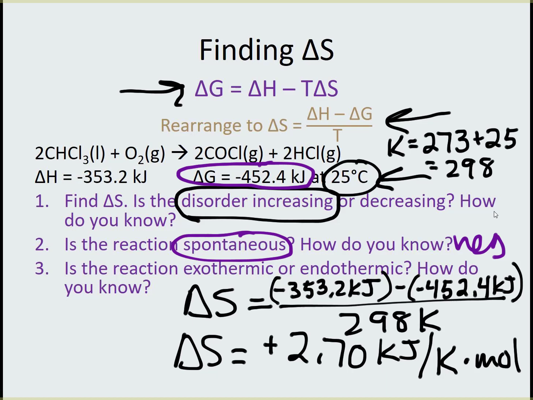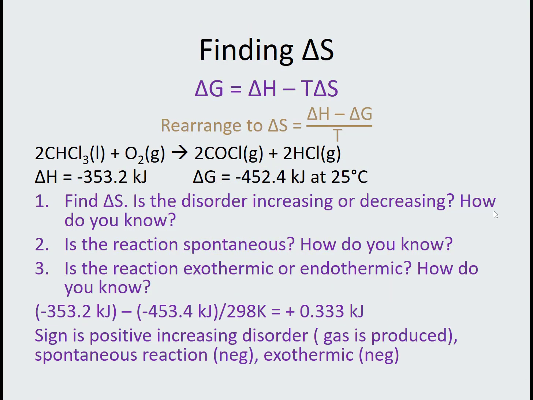And then the last question, is it exothermic or endothermic? And so we go up to our H, and we see it's negative, so that means it's exothermic. How do I know? Because our value is negative. So this is increasing disorder because our value is positive. We were able to calculate it. And it's spontaneous because delta G is negative. And it's exothermic because our delta H is negative, excuse me.